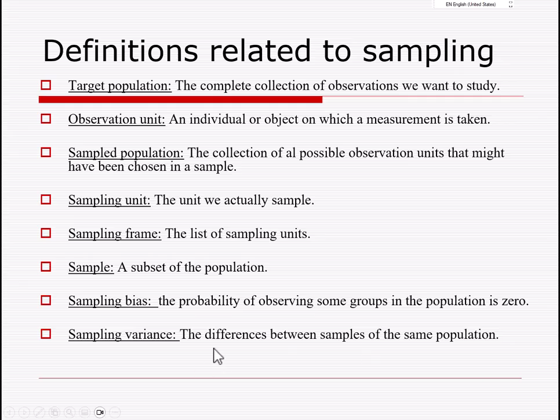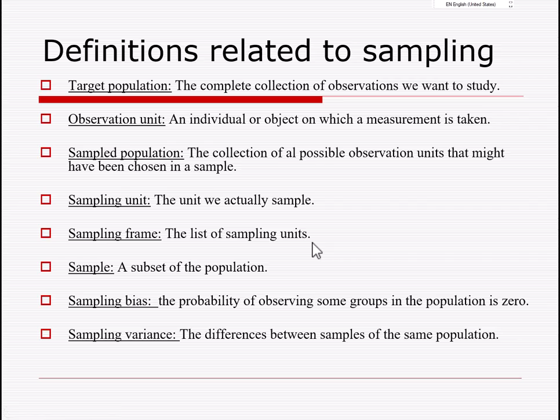These are some key definitions related to sampling. A population refers to the entire group that you're interested to study, and the target population is the precise definition of who you want to generalize your survey for. The observation unit is an individual that the measurement is taken.